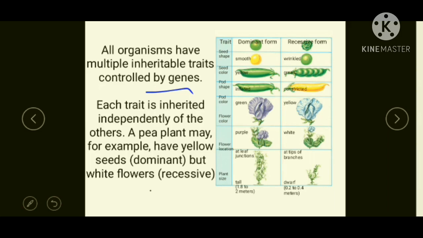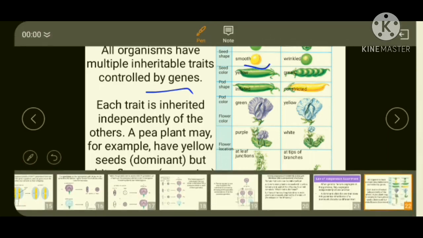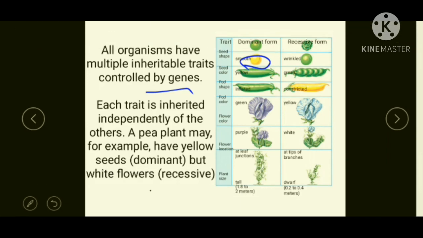Here, a pea plant may have, for example, yellow seeds as the dominant trait. Sorry, there is also a seed shape. The pea plant has yellow seeds for a dominant trait, but it also has a trait for flowers.